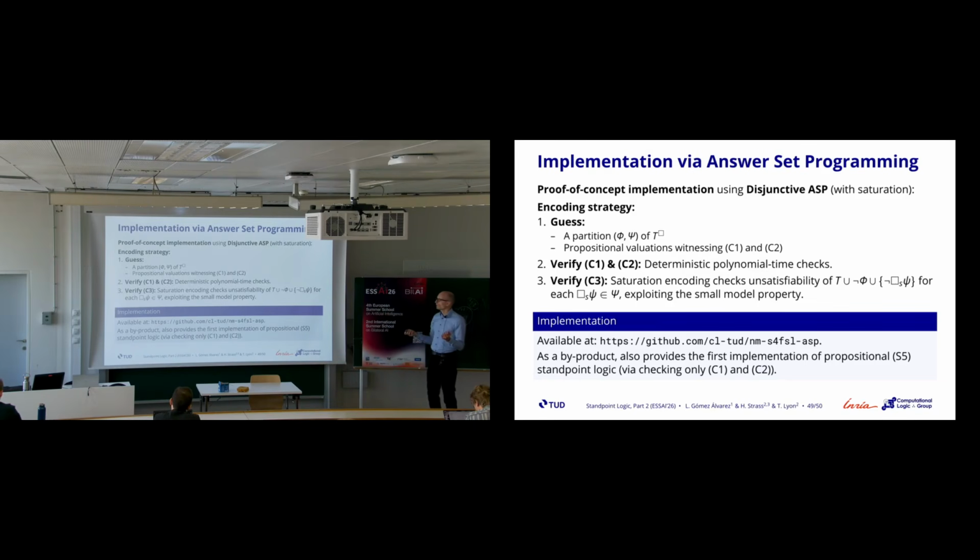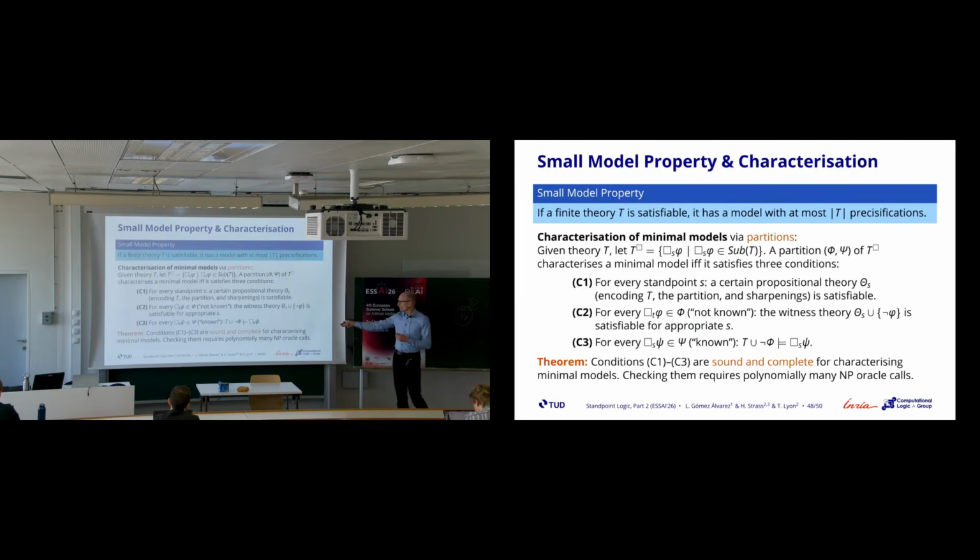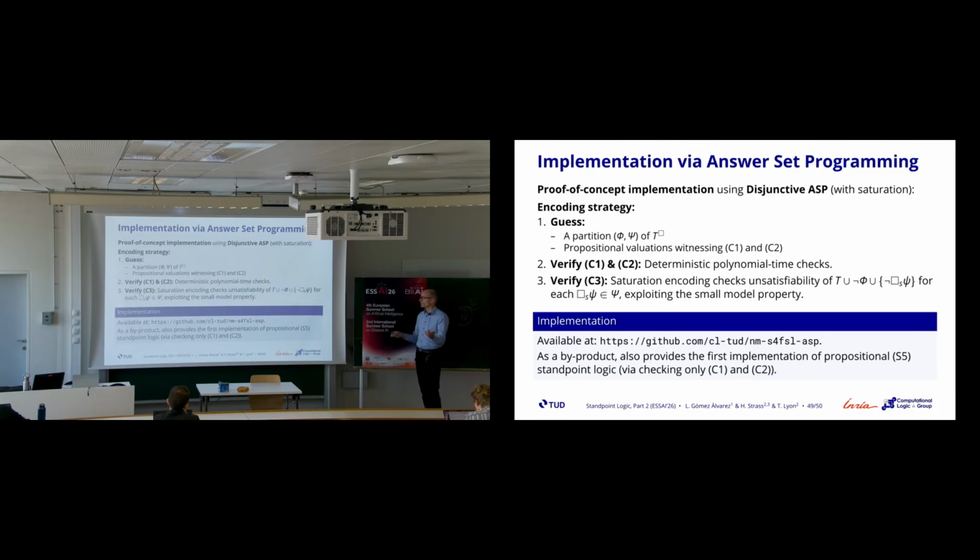No oracle needed here. The important bit and the most complex bit of the encoding pertains to case C3, because in C3, we have to do entailment checks in monotonic standpoint S4F. And so for this, we really have to do the model checking. And for this, we also have to use the small model property. Right? So we encode this entailment of box psi as an unsatisfiability check.